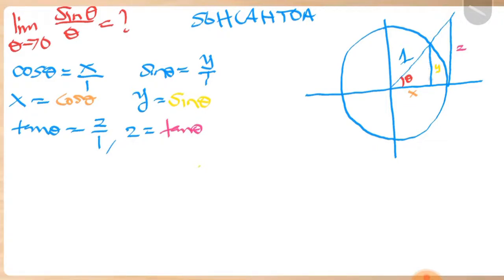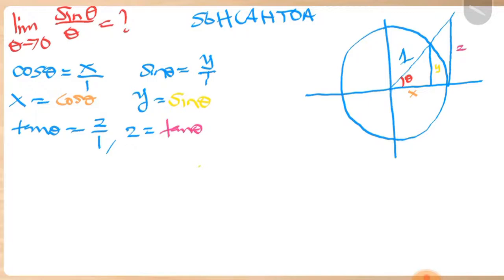So let's figure out the areas, because we know that the area of this smaller triangle here is lesser than or equal to the area of this sector here, and the area of this sector here is lesser than or equal to the area of this bigger triangle here.